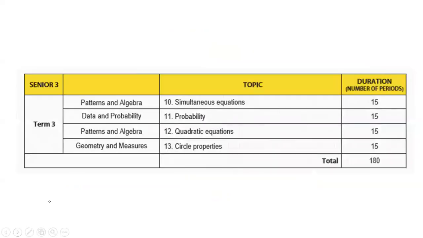When you look at your program planner, next term, these are the topics you are going to be covering in math. You are going to be looking at simultaneous equations, probability, quadratic equations, and then the circle properties. So which topic are we going to look at? We are going to look at the first topic, simultaneous equations.